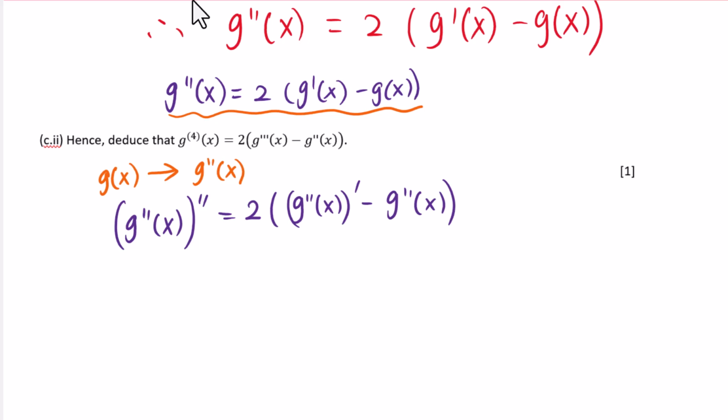G double prime of x double prime means the fourth derivative of g of x equals 2 times g double prime of x prime, which is g triple prime of x, minus g double prime of x.